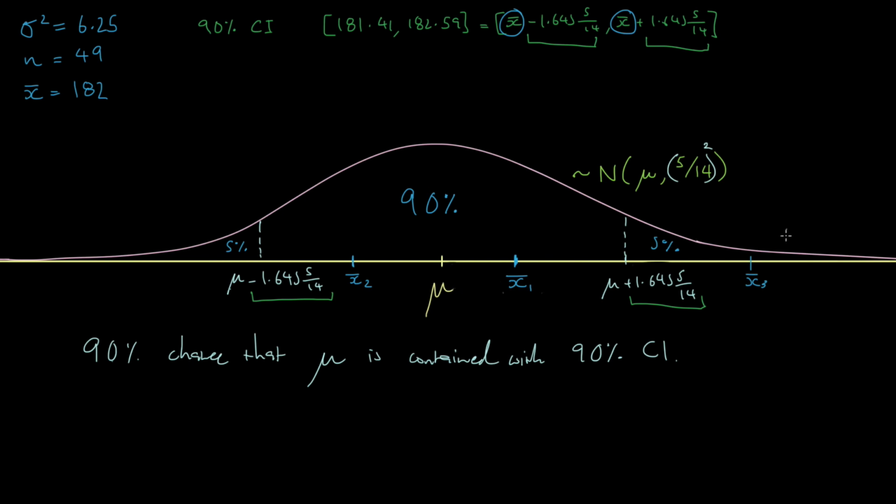But 10%, 5% to the right and 5% to the left, of our sample means are outside of this interval, and so their confidence intervals will never contain the population mean mu. And this leads to the interpretation that there is a 90% probability that mu is contained within our confidence interval. And this is because when we look at our sample mean, there is no way for us to determine whether it is close enough or far enough from the mean to contain or not contain the population mean within its confidence interval.